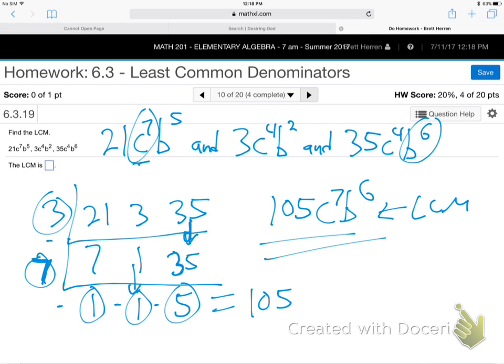I didn't take this C to the 7th and that C to the 4th, add them up and get C to the 11th, and then take some more C's. I don't do that. I just grab one of the 3 C's. Which one? The highest one. And I just grab one of the 3 B's. Which one? The highest one. And that's our LCM. So see that pattern. They're gonna make it bigger, but it's the same pattern. Which pattern again? One of every type, highest one.